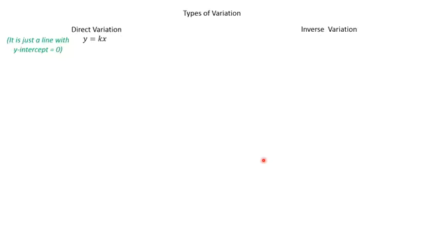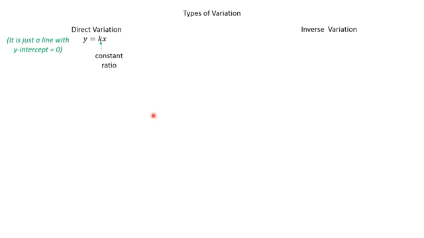So in our direct variation problem, we have x and y, those are variables. And then we have this k. That k would be the constant ratio, because obviously k stands for constant. Well, all right, maybe it's a c, but it's still y equals kx. That k is just the slope.